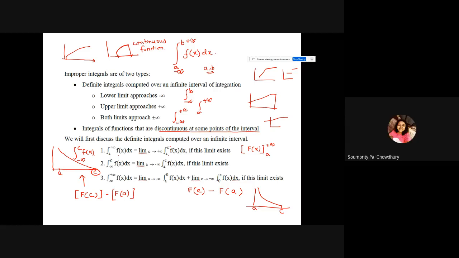We will also take a limit, something like limit a tends to minus infinity. Then does the limit exist? I have told you that this part over here is asymptotic to the x-axis. But have I told you whether it is approaching an asymptote at the lower boundary?